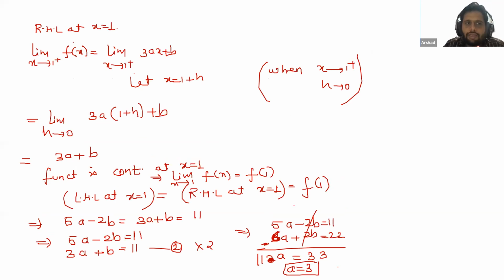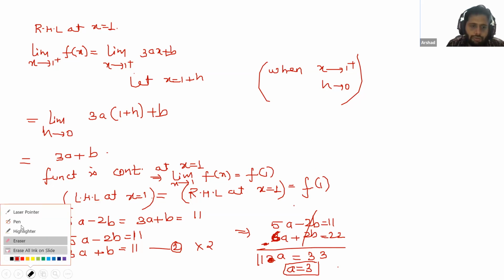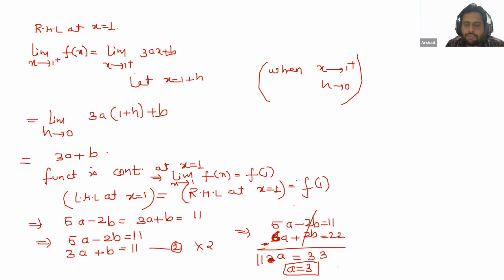Next, we have calculated the RHL here. Josefa, you know how to calculate an RHL. So we get RHL 3a plus b. Here the function is continuous at x is equal to 1. That's why limit is equal to f(1). If limit exists, LHL is equal to RHL is equal to f(1).